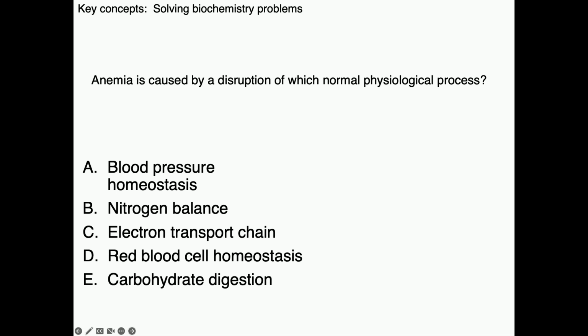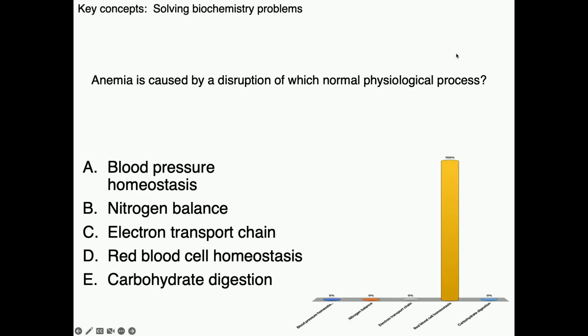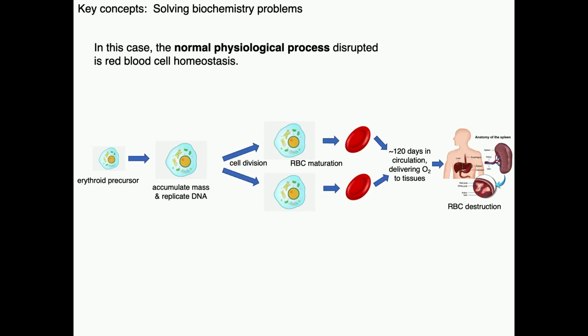If you have a good understanding of those processes, then you overlay the pathology on top of that. That's just my unasked-for advice. Anemia means a paucity of red blood cells, so probably red blood cell homeostasis is a good answer. Let's look at that then.